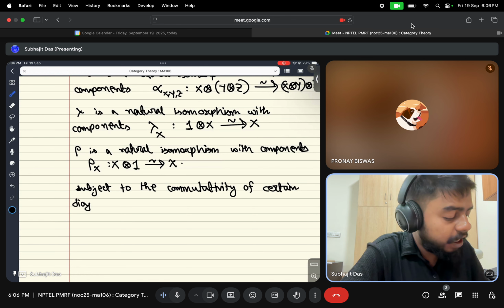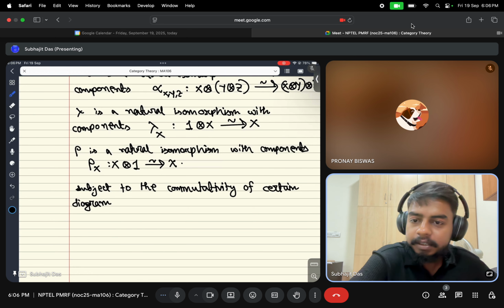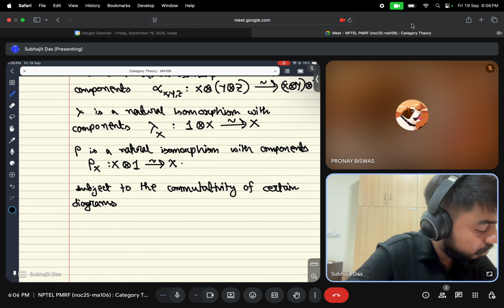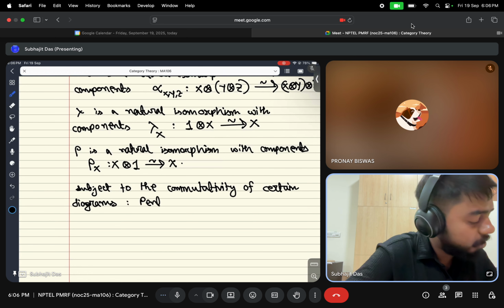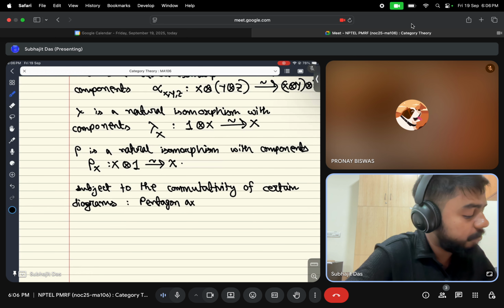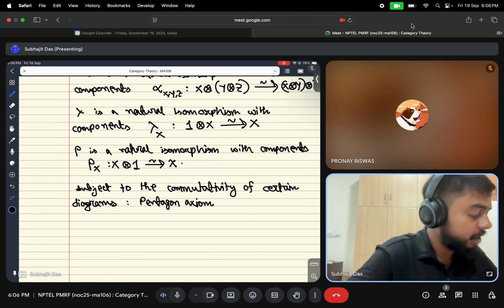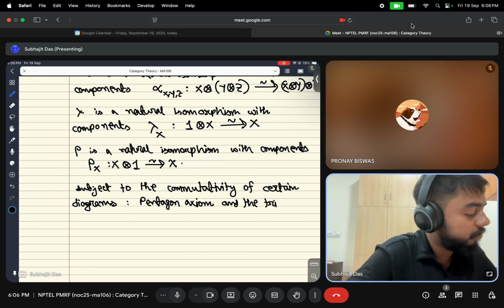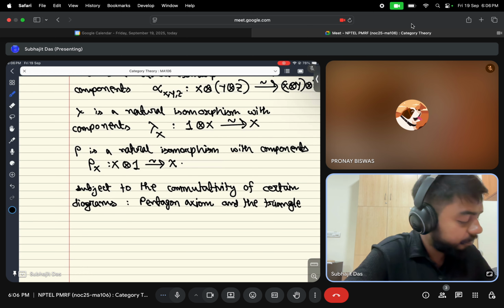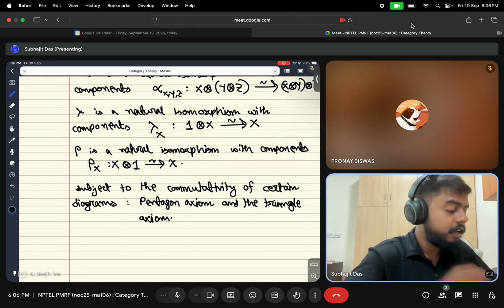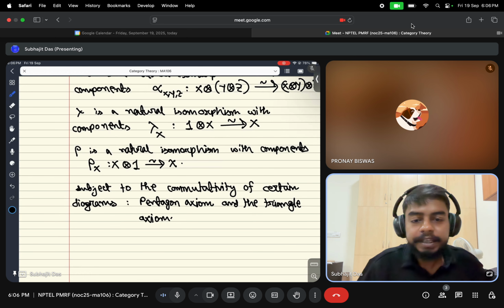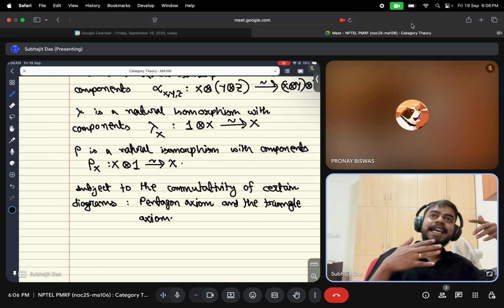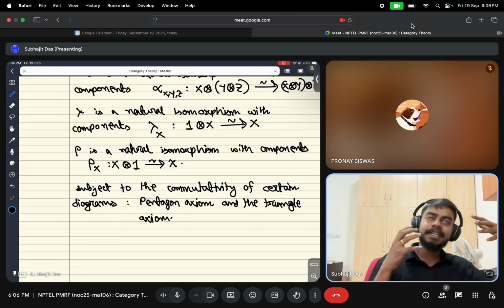So why is it called a coherence axiom? The pentagon axiom, or the pentagon diagram, and the triangle axiom, which I won't write right now. So it's called a coherence diagram because it exactly is the necessary thing that you need.